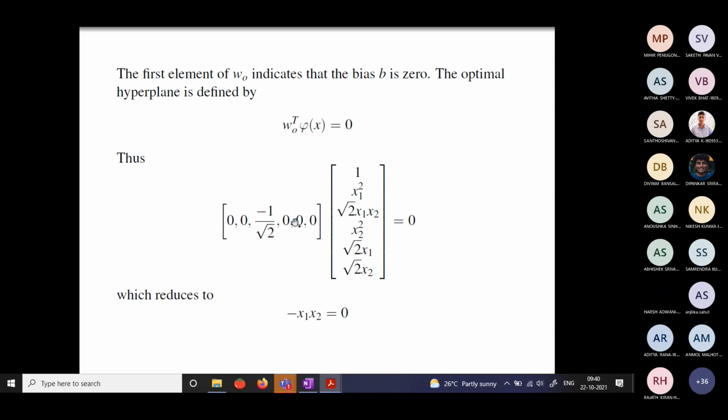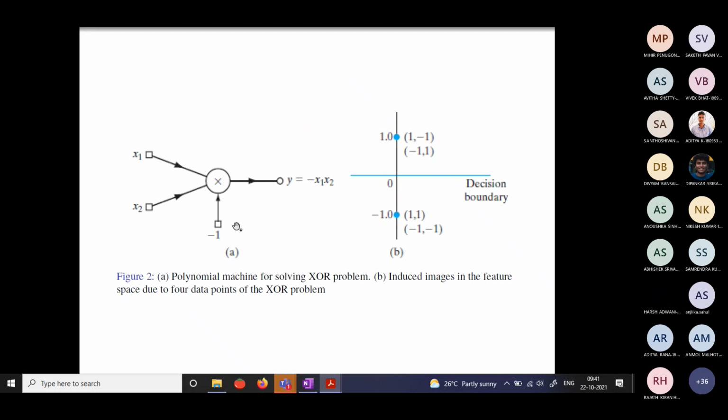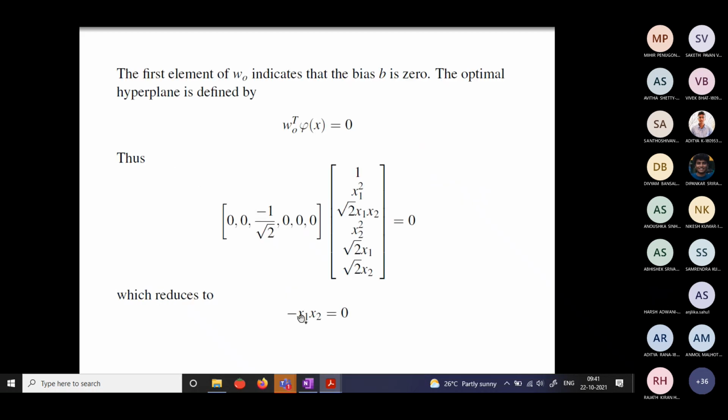So you have this weight vector, and phi x, which reduces the final expression to minus x1 x2, equal to 0. When you substitute this, this kind of system comes out to be 1 and this one. And because minus was there, the multiplication has to happen and minus has to be multiplied.